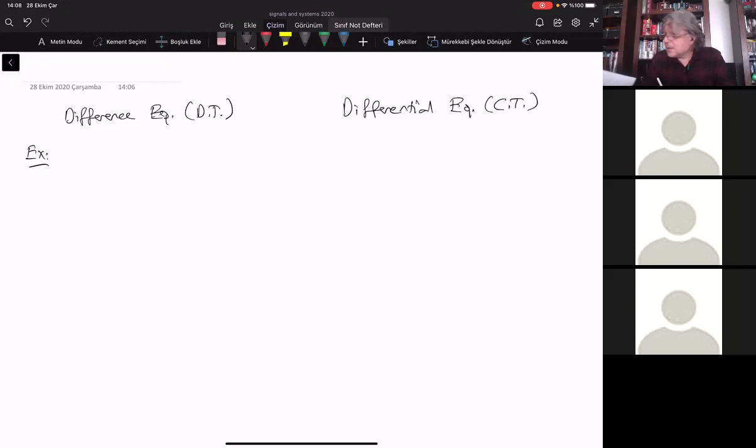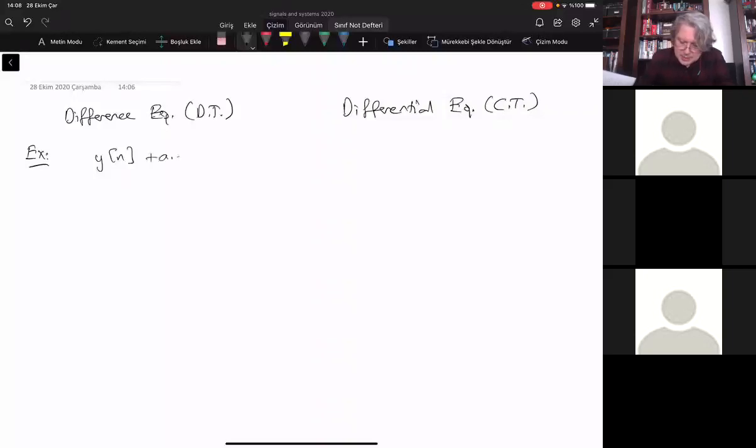For instance, y of n, I'm writing a difference equation here, plus a times y of n minus 1 is equal to b times x of n. In fact, we did one example of this one using numerical values in terms of a and b, and we found the impulse response from here. So it's possible to derive the impulse response from here.